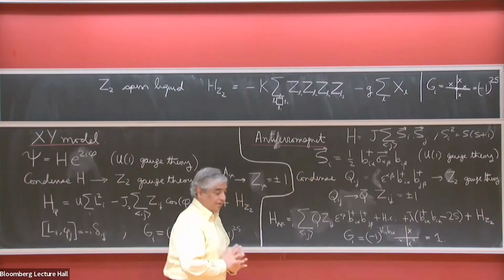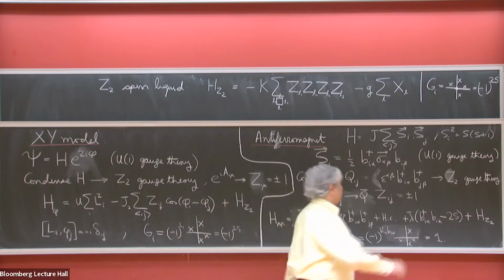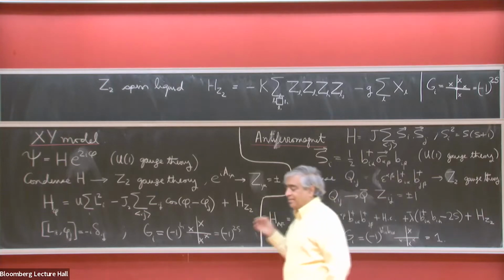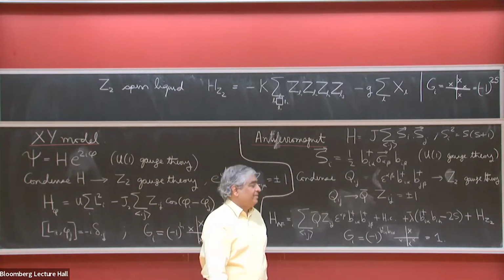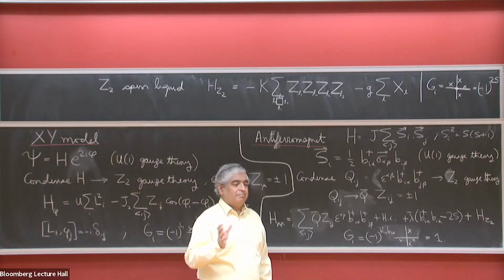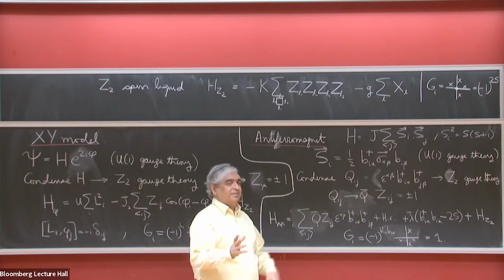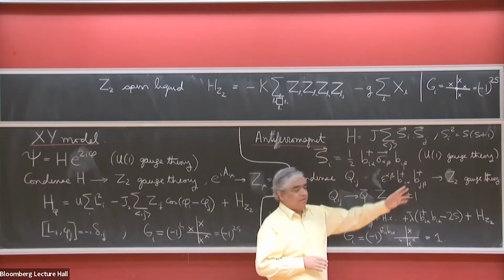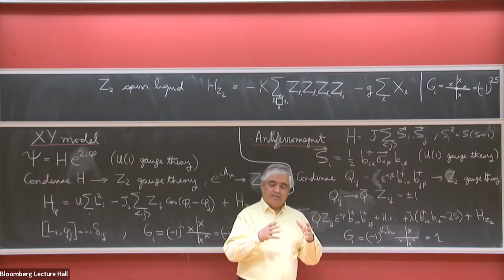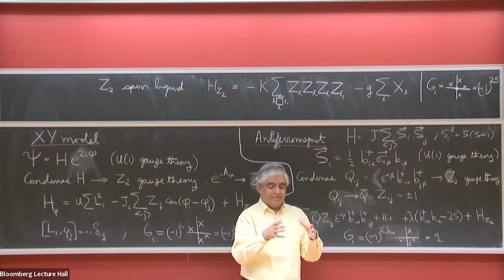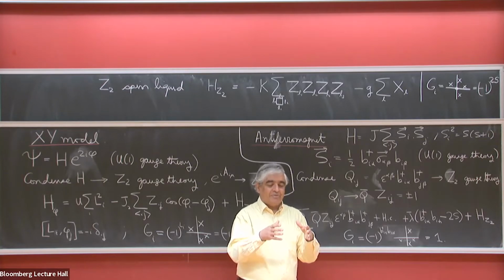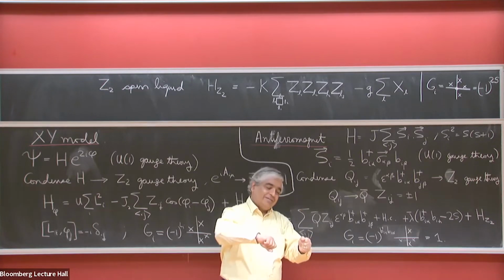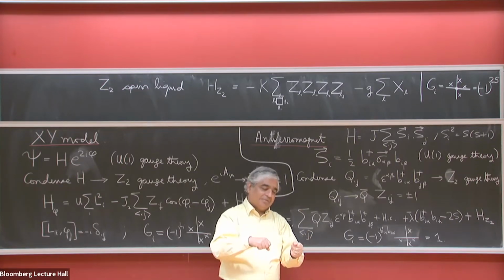Now, there's one important caveat here. Even when you condense this Higgs field, sometimes the U1 gauge theory is not fully broken. And that happens on bipartite lattices, on the square lattice with nearest neighbor interactions. Then even when you condense a boson pair operator, even though it seems like it has charge 2, it's actually neutral under a staggered charge, when you put one sublattice with one charge and the other sublattice with the opposite charge.